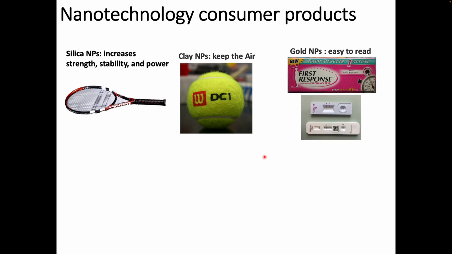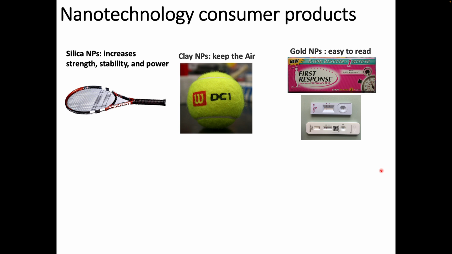And another example is gold nanoparticles in a pregnancy tester. Okay, so basically the way it works is that gold nanoparticles have antibodies attached to them, and when it detects the pregnancy hormone, these antibodies collect those pregnancy hormones.